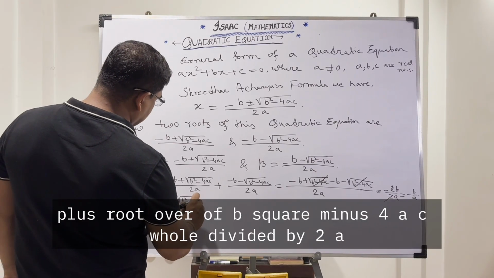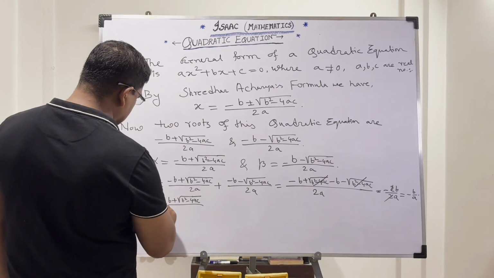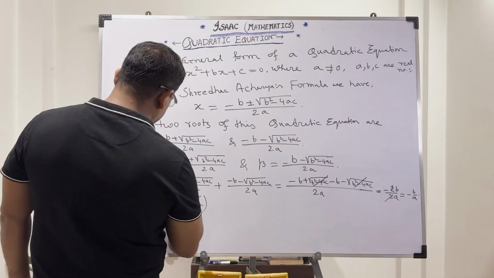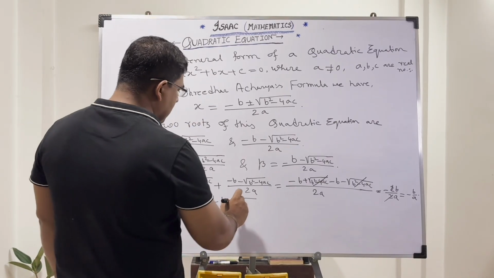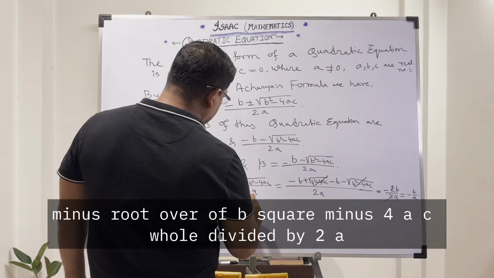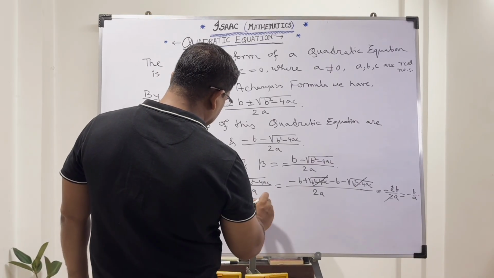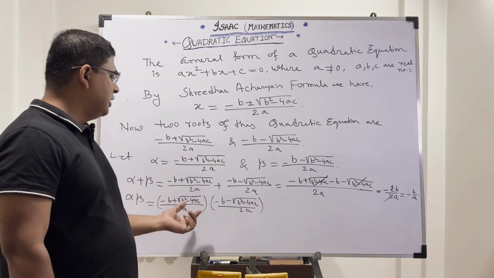So alpha plus beta becomes minus b by a, and alpha into beta is equals to minus b plus root over of b square minus 4ac whole divided by 2a into minus b minus root over of b square minus 4ac whole divided by 2a. So these are two fractions.